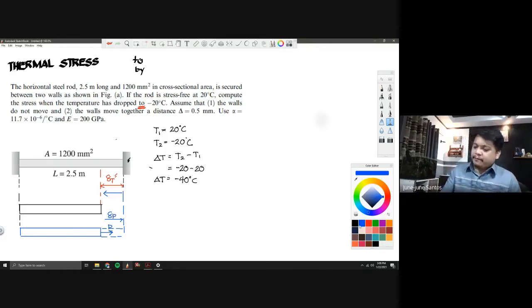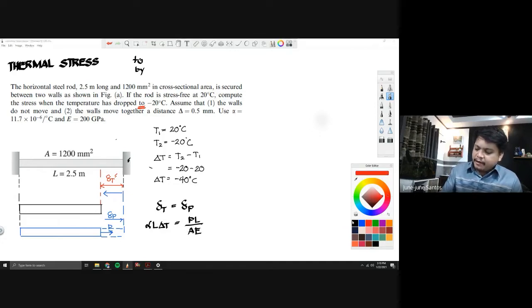Deformation. Now, if we will see, it should be that the deformation due to the thermal stress or to the temperature should be equal to the deformation due to the force P. So, in short, my deformation due to temperature should be equal to my deformation due to the force P. Now, this is alpha L delta T, and this is PL all over AE.